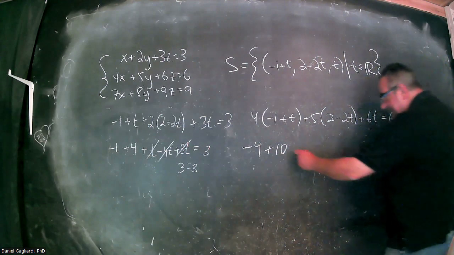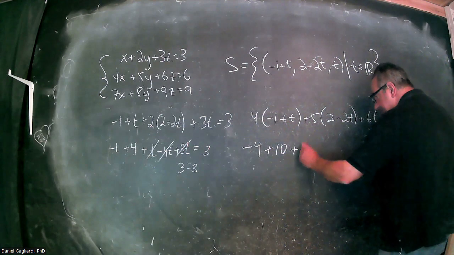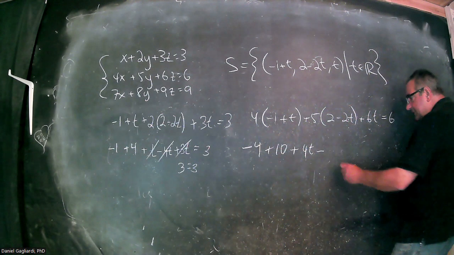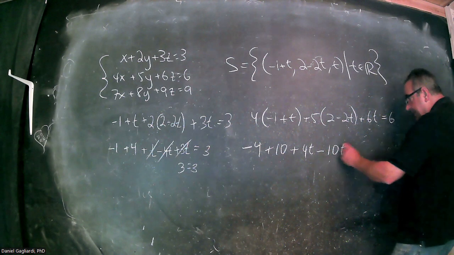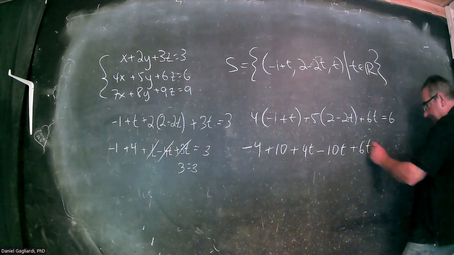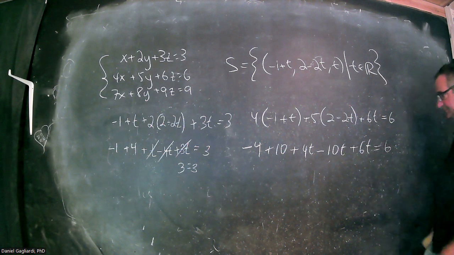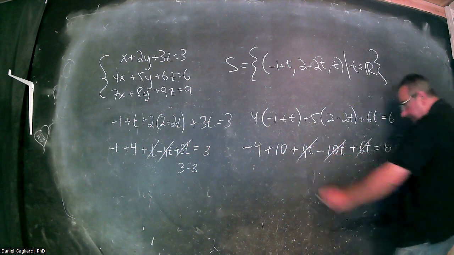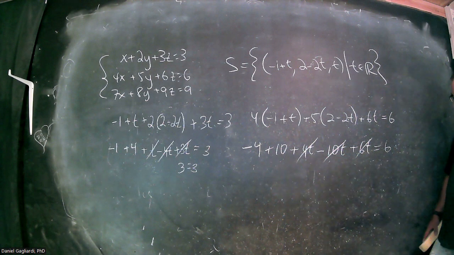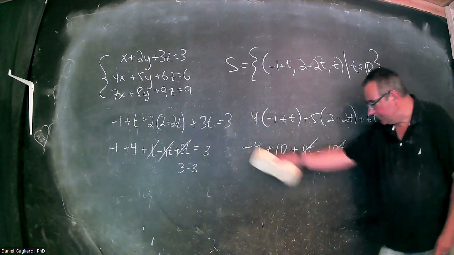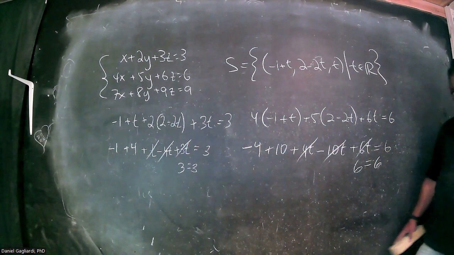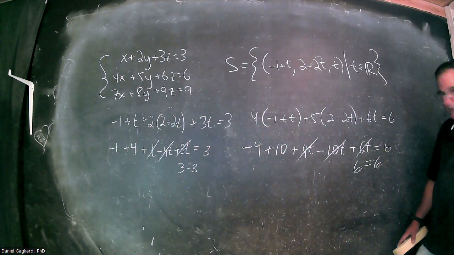In terms of t's, we have 4 times t, which is 4t, and 5 times -2t, which is -10t, and then plus 6t. So is all this equal to 6? Sure, because 6t plus 4t is 10t, minus 10t is 0t, and of course 10 minus 4 is 6. And so we see that 6 is equal to 6. Good, so equation 2 checks.